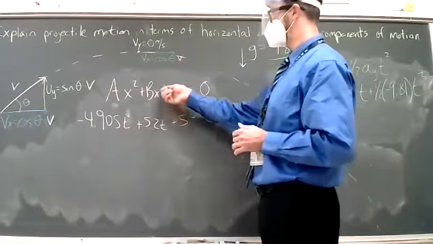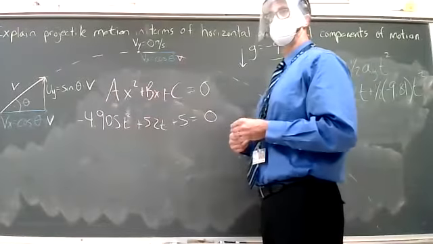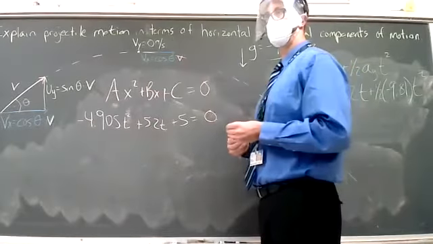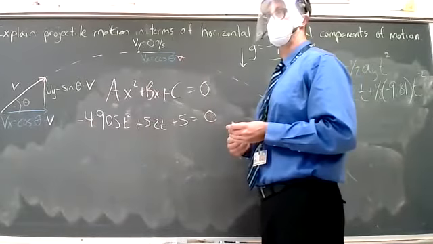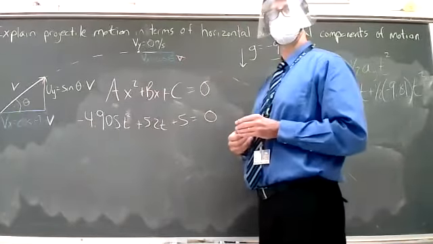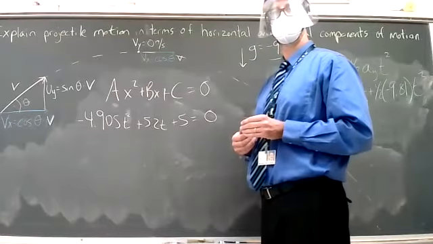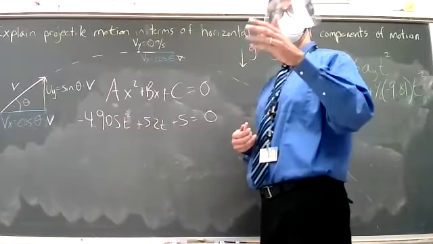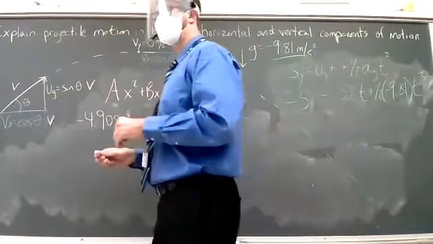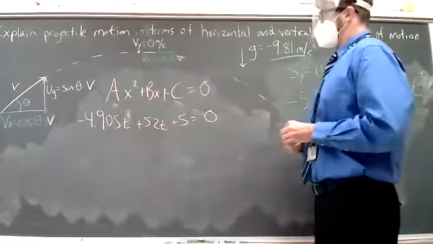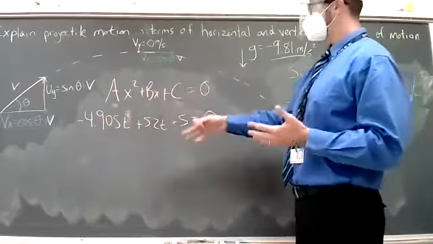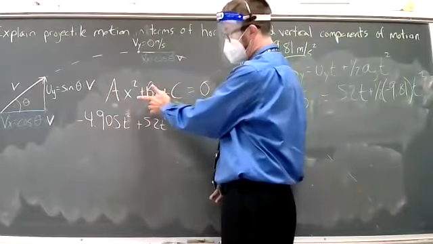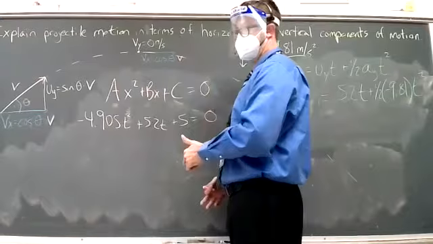Who remembers how to solve an equation like this? The quadratic formula. Does anybody remember what that is? All over 2a, there it is. So if you remember that, then that's what we have to do here. But instead of x equals negative b plus or minus the square root of b squared minus 4ac over 2a, we do t equals all of that.